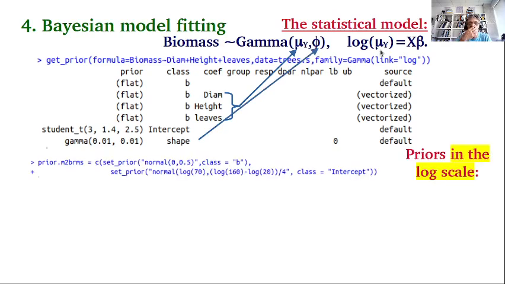So what I did is define pretty weak priors for the partial slopes, and for the intercept a normal prior with a mean of the log of 70 for the mean biomass, and a standard deviation.